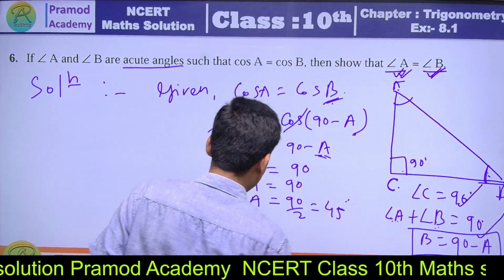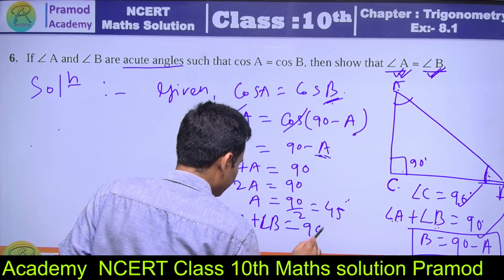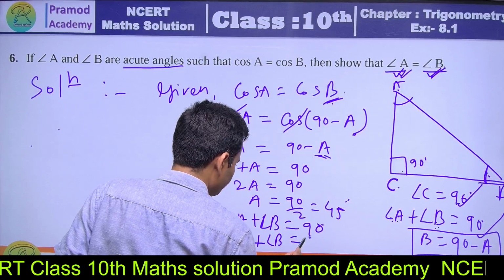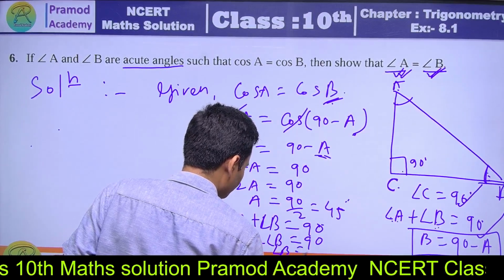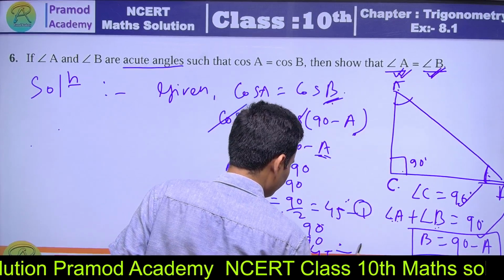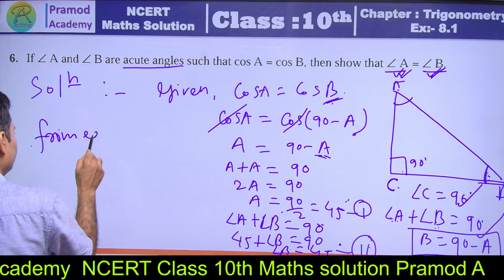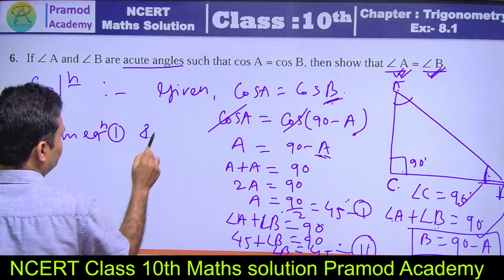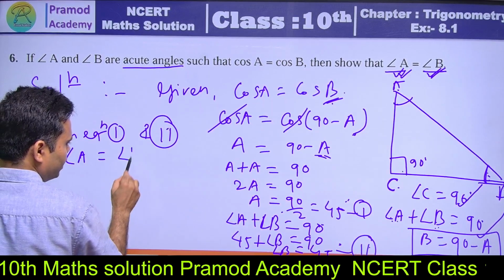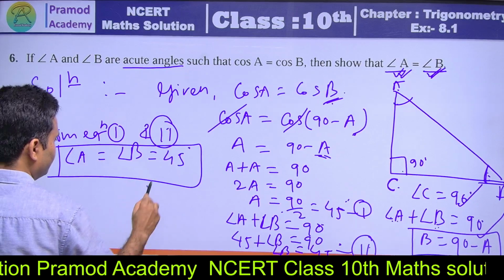A plus B equal to 90 degrees, that means angle A is 45 degrees, so B equal to 45 degrees. This is equation 1 and equation 2. From equation 1 and 2, both are equal. Angle A equal to angle B equal to 45 degrees. This is the answer.